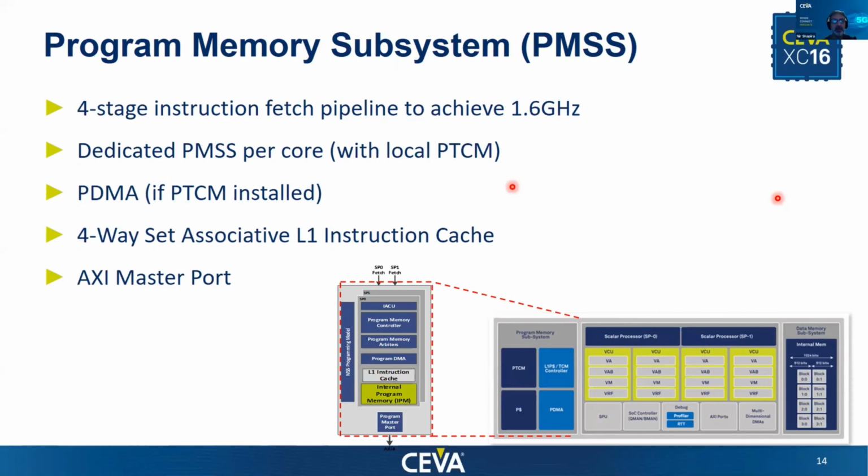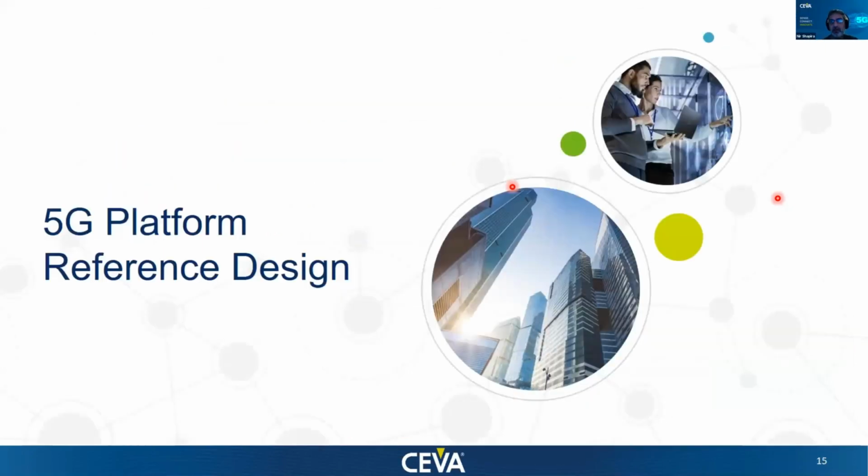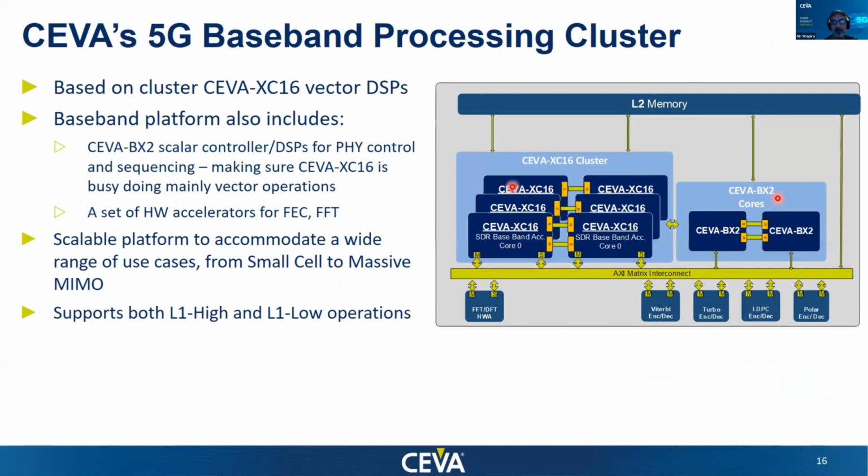Yeah, sure. So maybe I will just give you a feel of how the XC16 looks within a 5G platform reference design. Here you can see this cluster of XC16s, and they are connected using these auxiliary AXI ports between themselves and to the chip matrix.